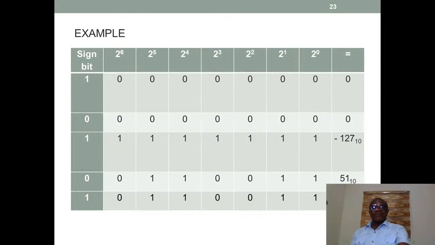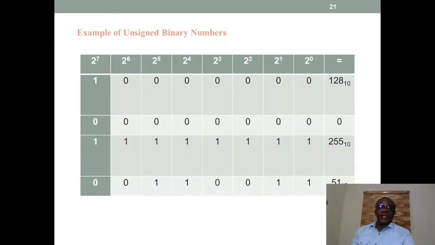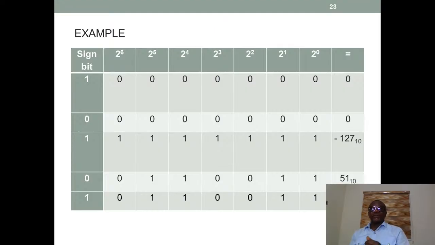So if you look at the third one, you see 11111111. In the unsigned, that equivalent of 1s in 8 places is equal to 255 in base 10. But in the signed, you see that it is equal to minus 127 in base 10, because that most significant bit has been used as the sign, which represents the minus sign.